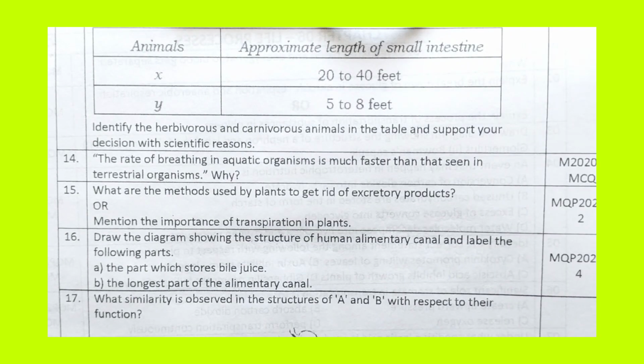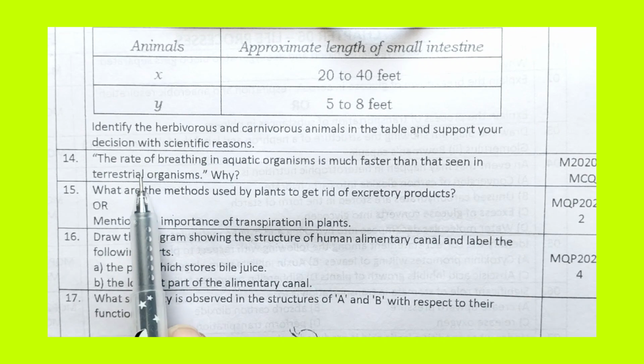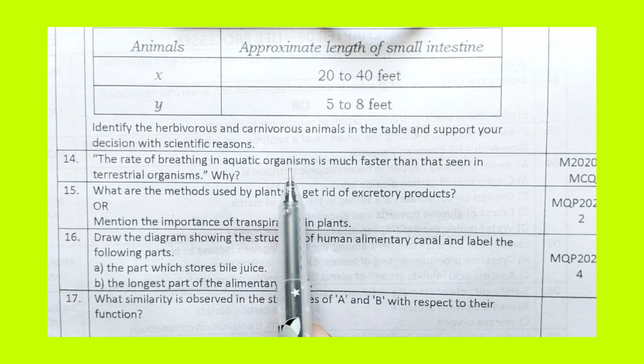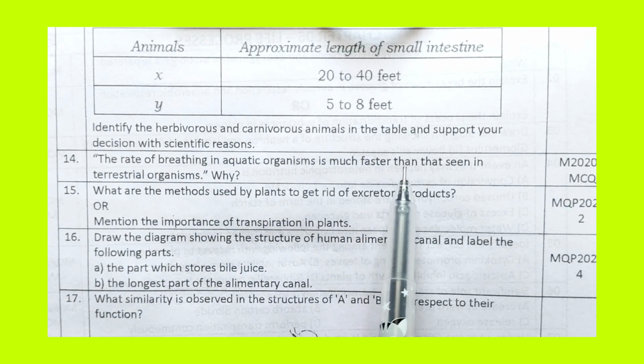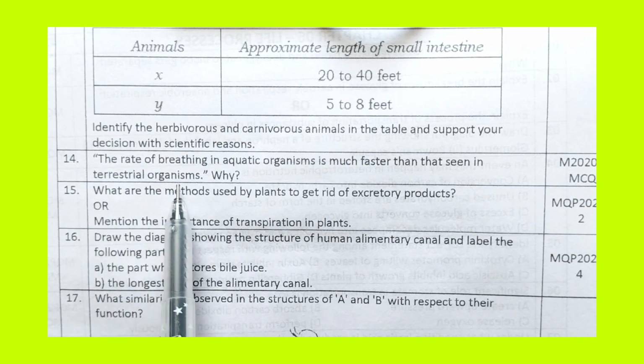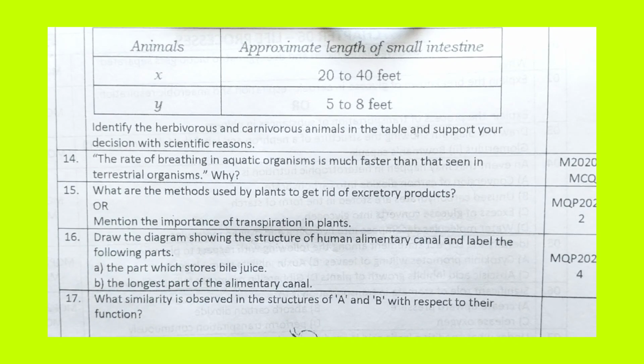Now let us move to the 14th question. The rate of breathing in aquatic animals is much faster than that seen in terrestrial organisms. Why, they have asked. So now let us answer this question.